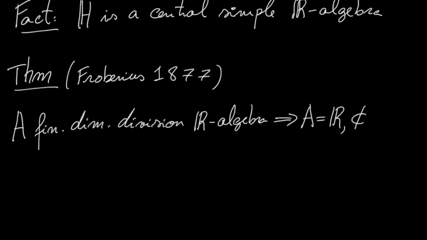So again, this is a finite dimensional algebra over the reals, and it is division, meaning every non-zero element is invertible. And the theorem tells us that besides R and C, the only possibility is the quaternions.